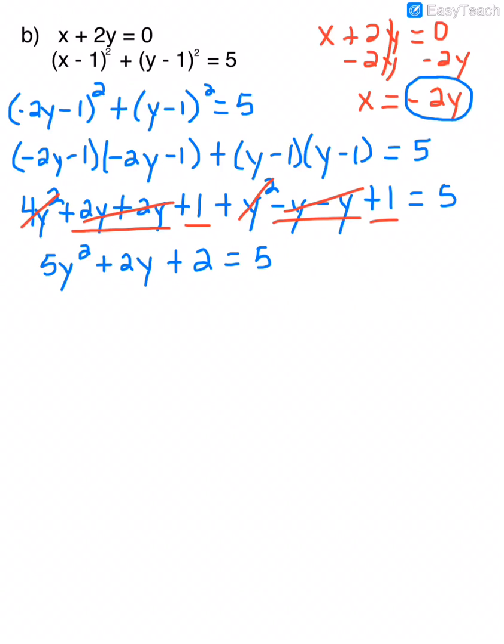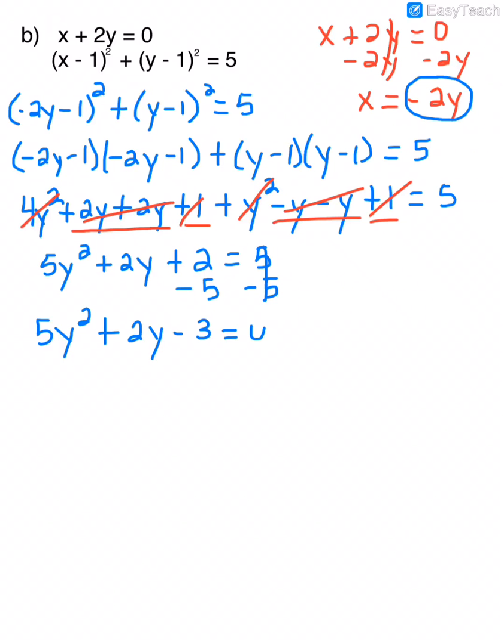So I just need to move the 5 over to the same side of the equation as everything else. So I'm going to subtract 5. And that gives me 5y squared plus 2y minus 3 equals 0. Okay, so then I want to see if this will factor.